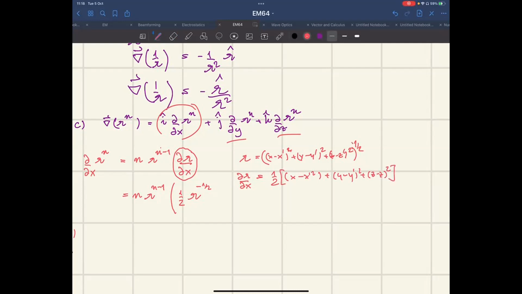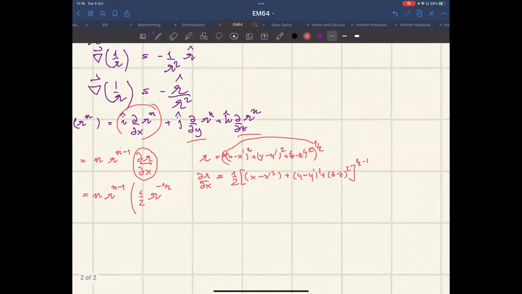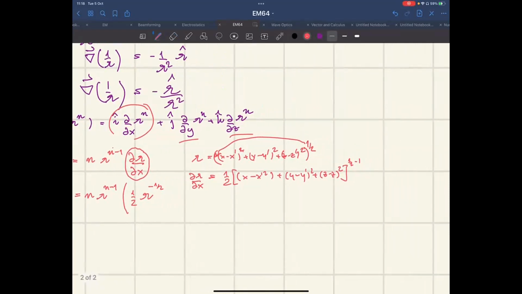Okay, so we take the derivative, just 1/2 here, and it becomes 1/2 minus 1. Then we take the derivative inside, and we get 2x here. Not 2x here, but 2x minus x prime here.